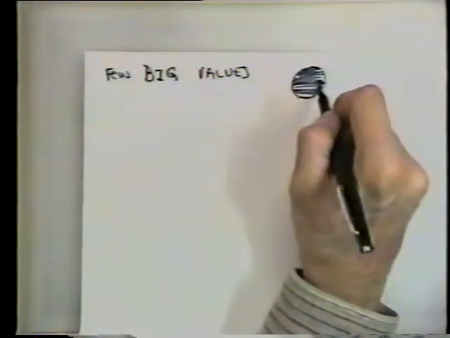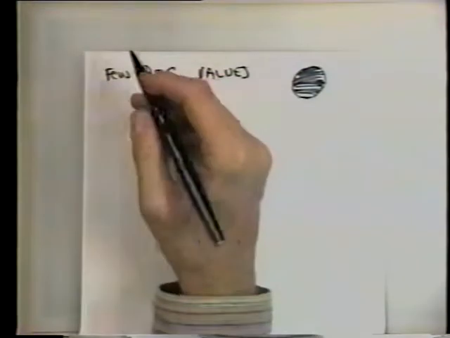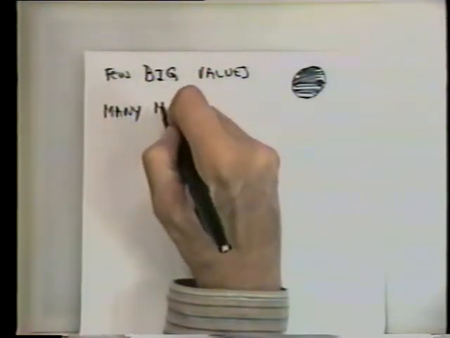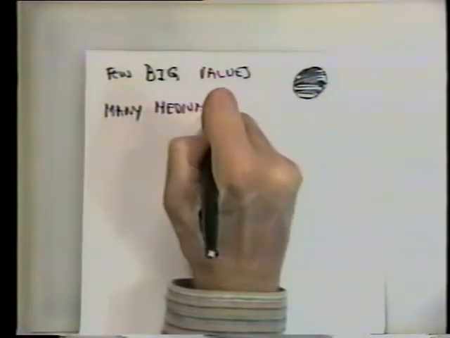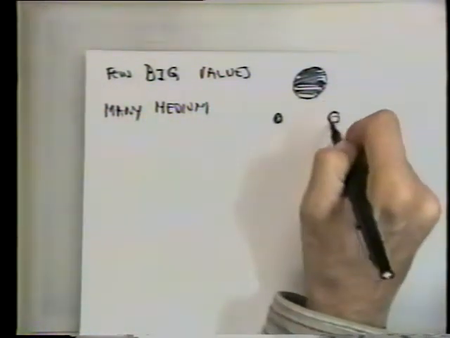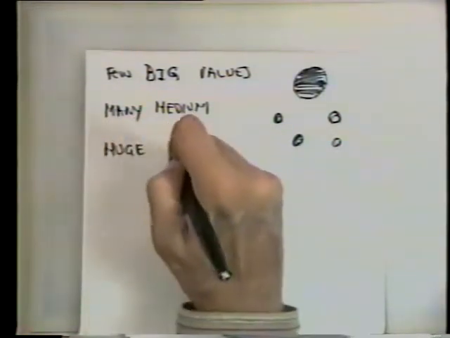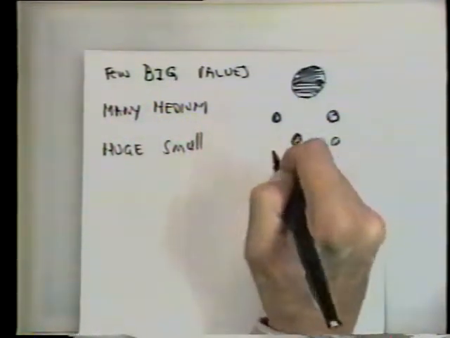So the value is proportional to the diameter. We can have a few big things. We can have many medium-sized things. And we can have a huge number of small things, small values.